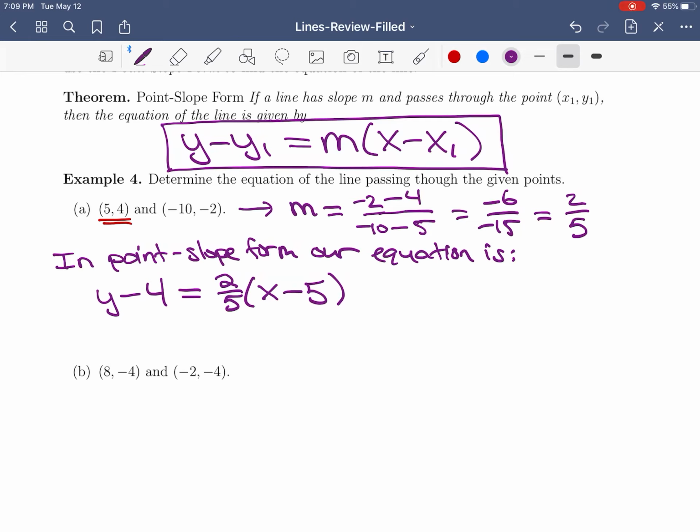Okay, now this is an equation for the line. So if it just asks for the equation, you can stop at this point. Now, if you want it in slope-intercept form, what you can do is solve for y.